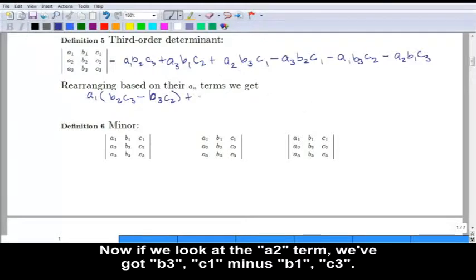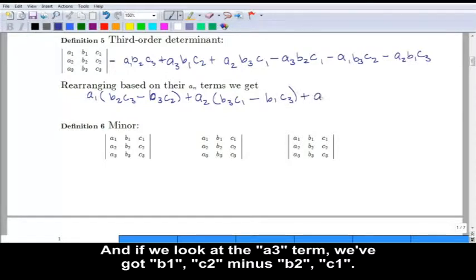Now if we look at the A2 term, we've got B3 C1 minus B1 C3. And if we look at the A3 term, we've got B1 C2 minus B2 C1.